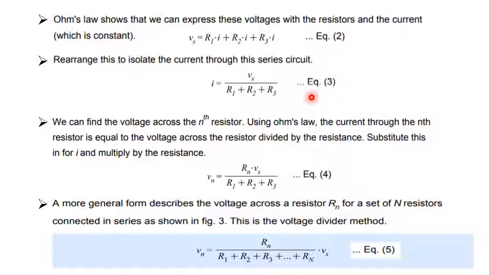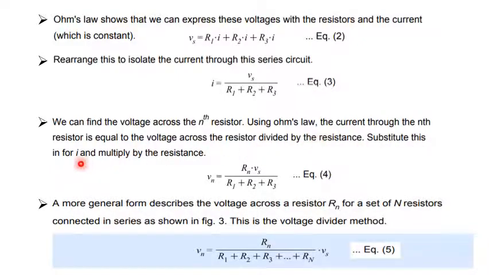Now we can find the voltage across n number of resistors. Using Ohm's law, the current through the nth resistor is equal to the voltage across the resistor divided by the resistance.